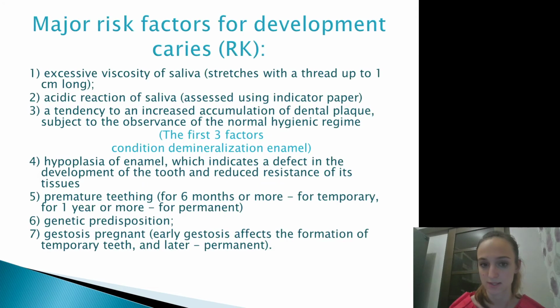Seven main risk factors are the most significant for the development of caries, periodontal diseases, and a variety of anomalies. Major risk factors for development of caries. Of course, it is excessive viscosity of saliva, and acidic reaction of saliva, a tendency to increased accumulation of dental plaque, subject to the observance of the normal hygienic regime.